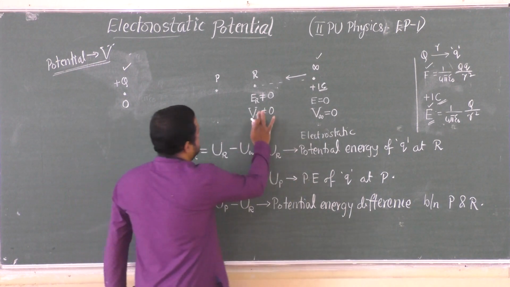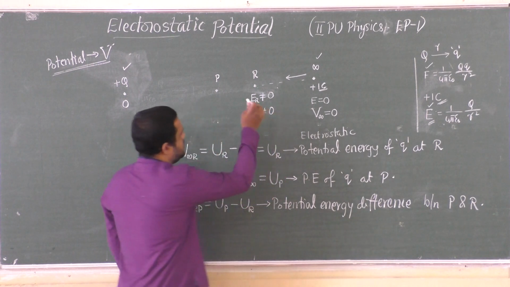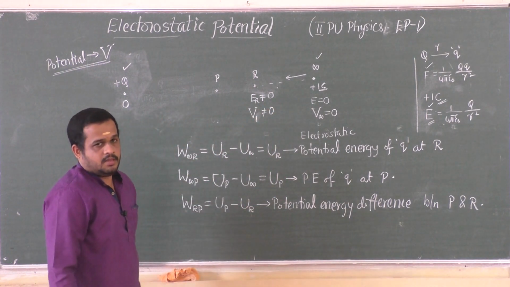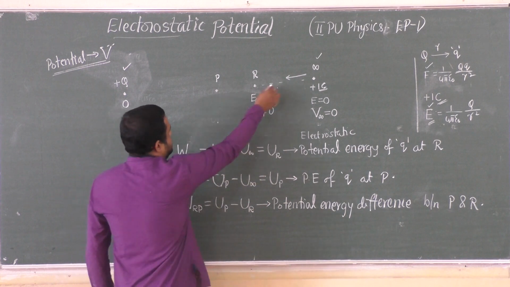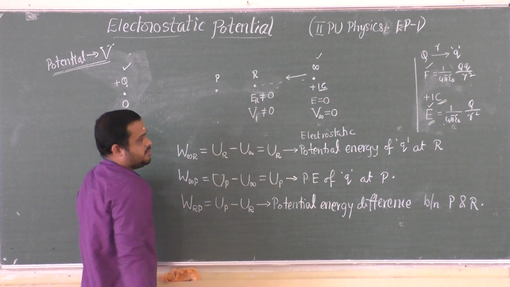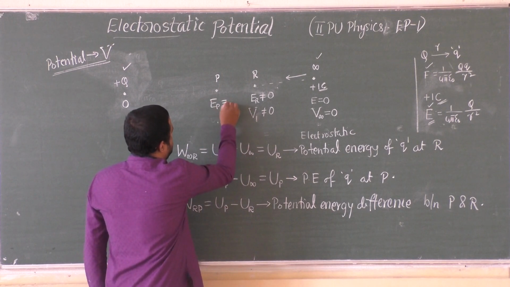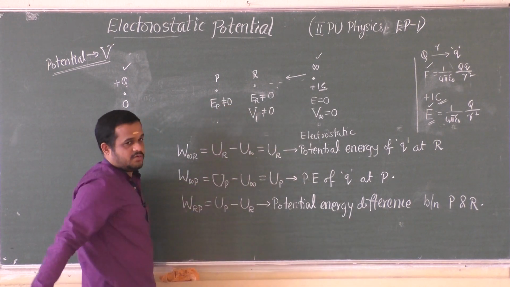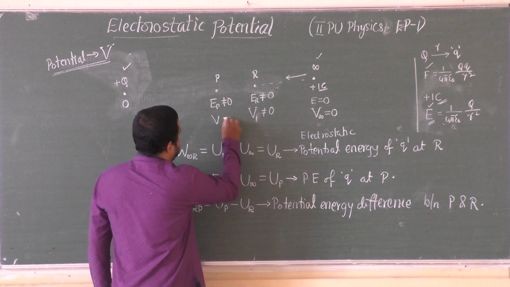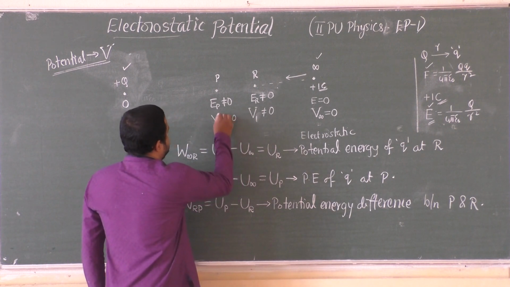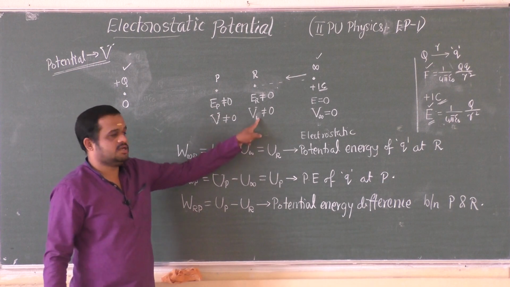I'll take it as some V1, potential at R. Next, if the unit positive charge is shifted from infinity to point P, here also electric field is not equal to 0. So electric potential is also not equal to 0. I'll take potential at this point as V. V1 here, V here.